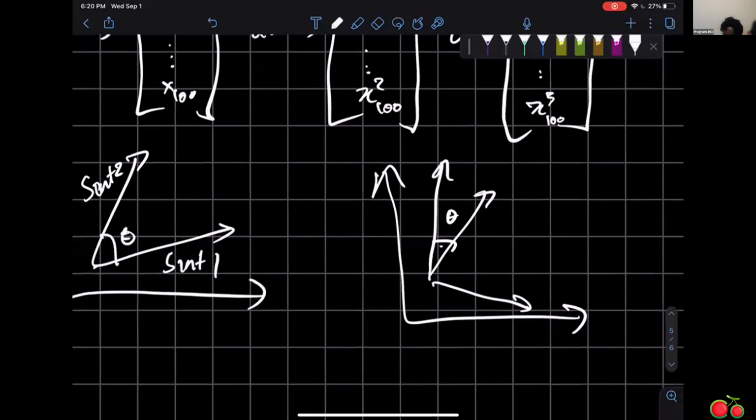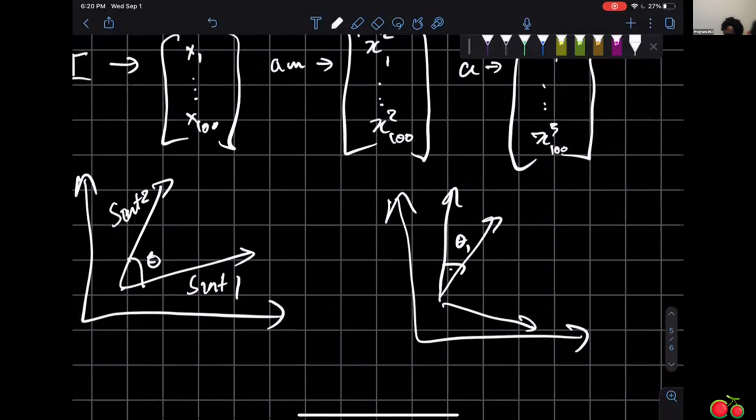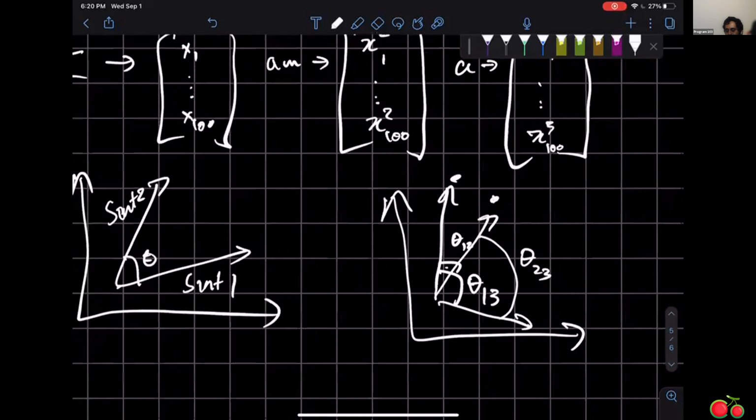So the cosine distance between sentence 1 and sentence 2 is small, whereas the cosine distance between sentence 1 and sentence 3 is large, and the cosine distance between sentence 2 and sentence 3 is also very large, right? So this basically goes to show that sentence 1 and sentence 2 are close by.